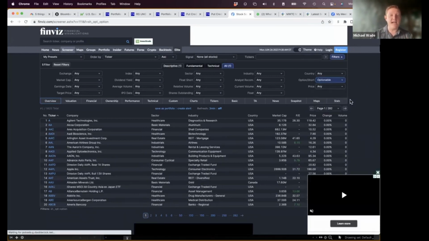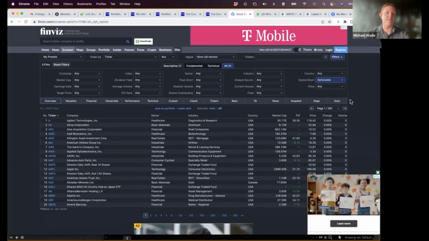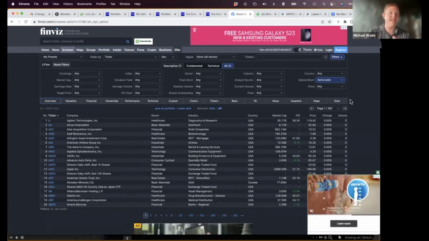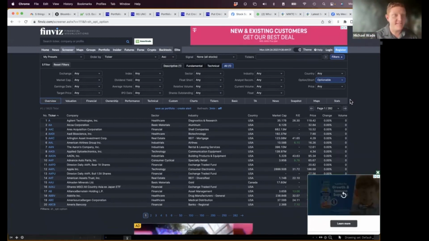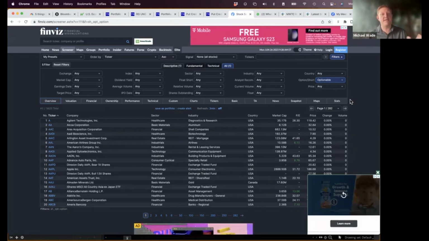I saw something I liked, and then I had to go to Thinkorswim or one of my brokers and check whether this stock has options, and go back. So it was a lot of time. With this, you save all that time and you get just optionable stocks.